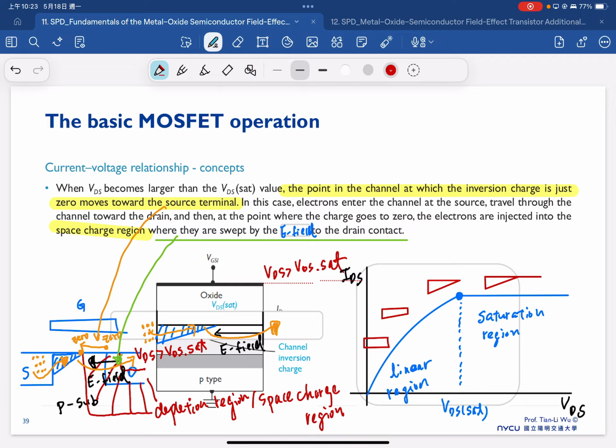So if you can follow the charge formation in these 4 small red cartoons, then you basically understand all the key concepts of the MOSFET, how the current is formed, leading to the linear and saturation regions of the ID-VD characteristic.